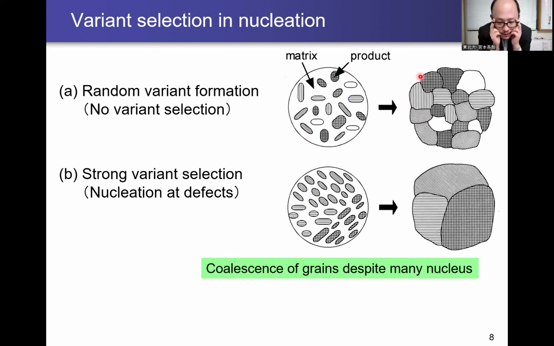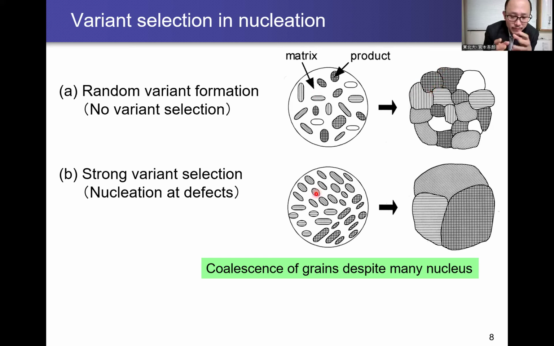So variant is important when we think about grain refinement. If random variants are nucleated, then the density of high angle boundary in the final microstructure will be high, because the variant boundary is usually of high angle.